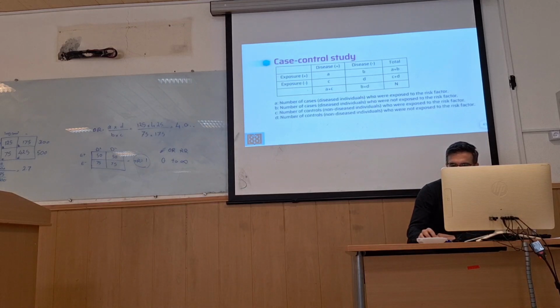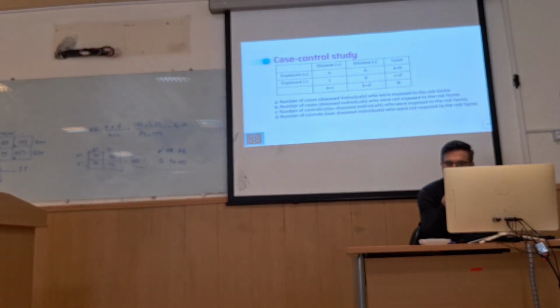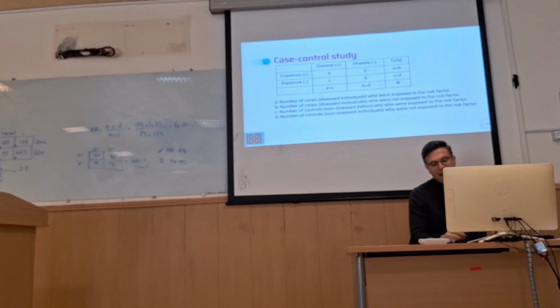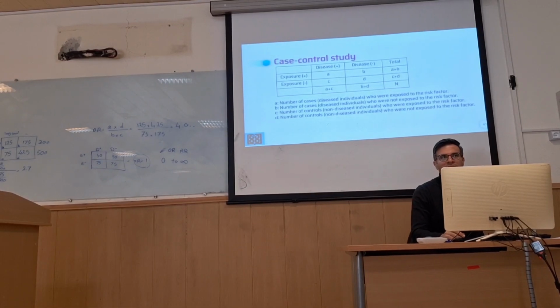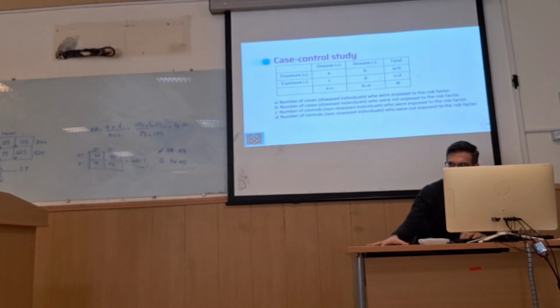After that, you should measure past exposure of cases and controls. For example, you first select some people who have lung cancer and some people who don't have lung cancer.